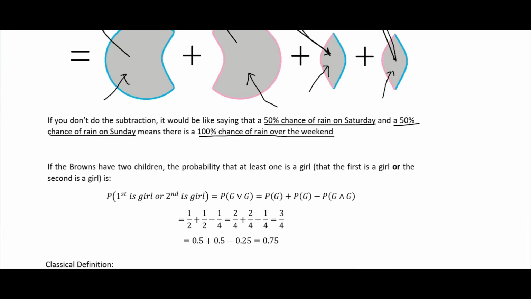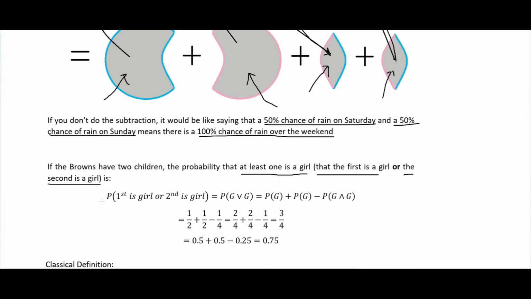All right, so let's look at an example. If the Browns have 2 children, the probability that at least one is a girl means that either the first is a girl or the second is a girl. And remember, this is the inclusive or, so we are also counting where both of them are girls.